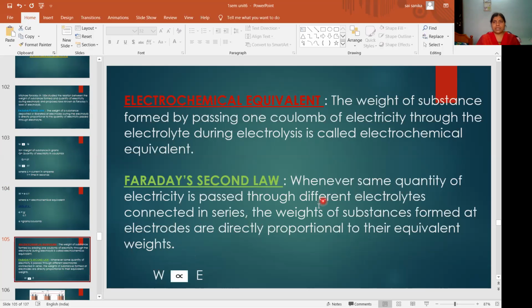That means here we are taking different electrolytic solutions, connecting them in series, and passing the same quantity of electricity through those solutions.